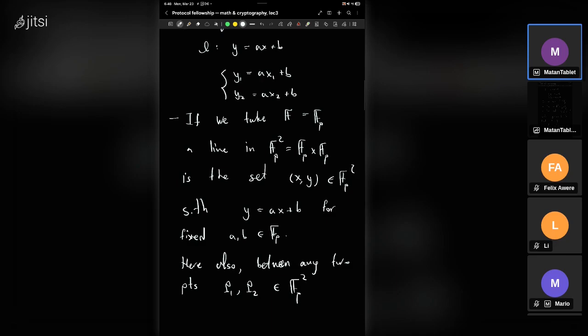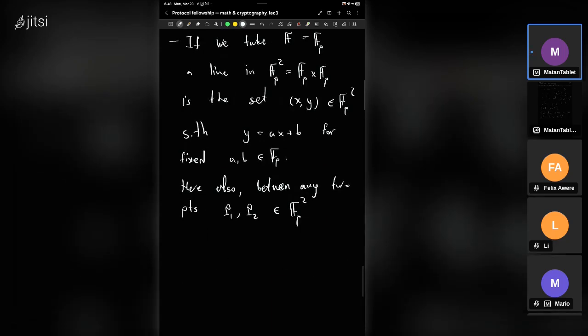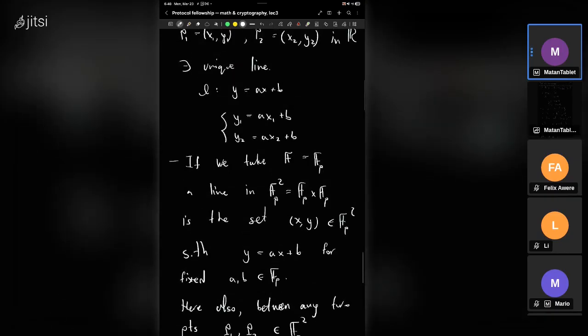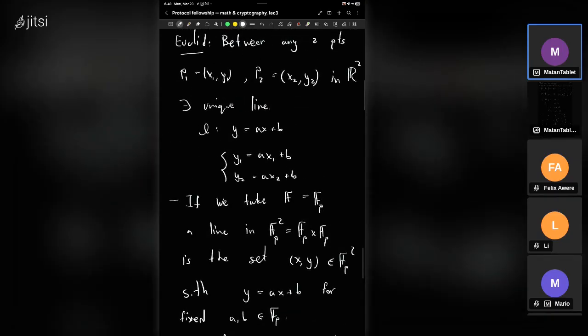Why? Because you take the same equations. P1 and P2 are now (x1, y1), (x2, y2), but in Fp square, not in R square. You write the same equations, and you find out that there is a unique solution, a and b, and so you get a line.